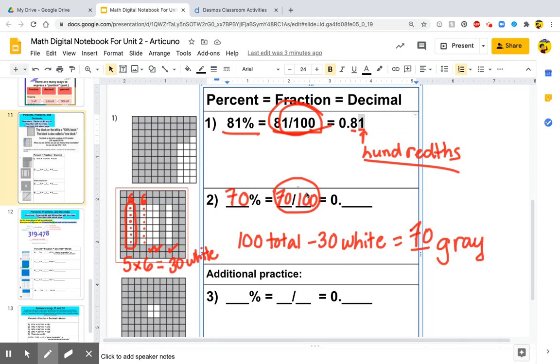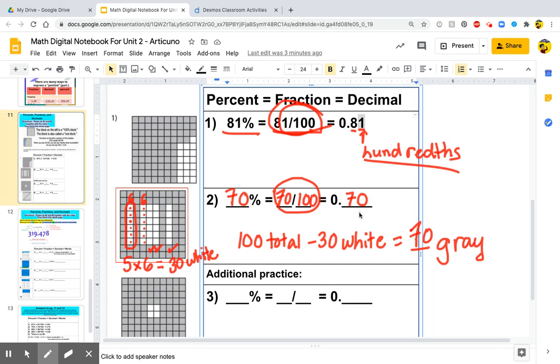Okay. That's why this fraction was important, because it helps with this part. And do you remember how to say this? How do you say this? Now, 70 over 100 is one way to say it. Well, what's the other way to say it? 70 hundredths. So, how do we write 70 hundredths? There you go.